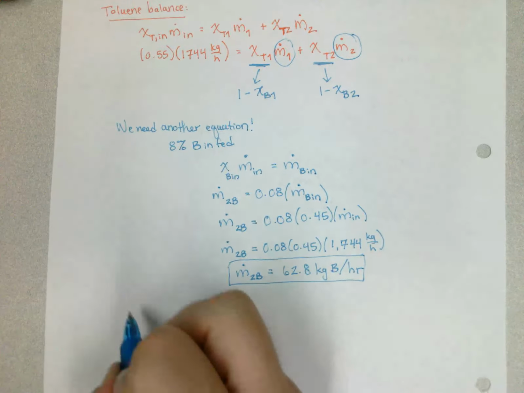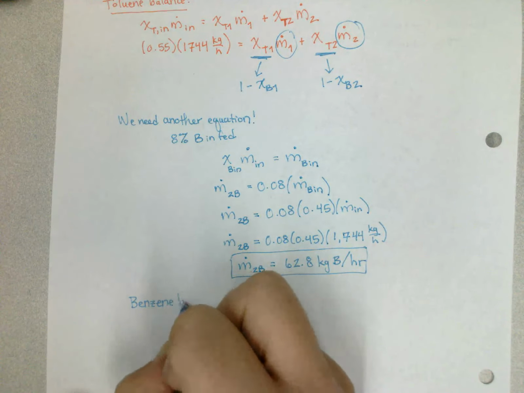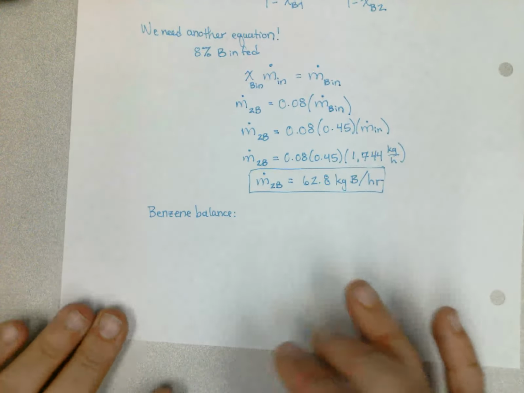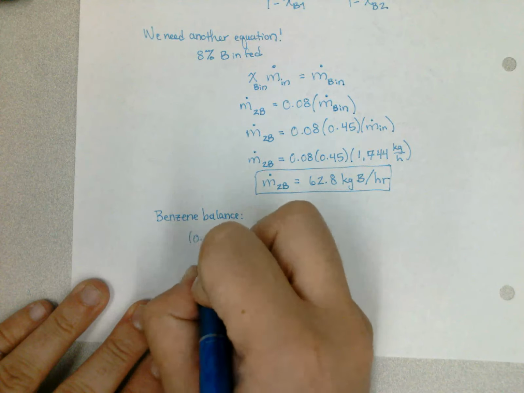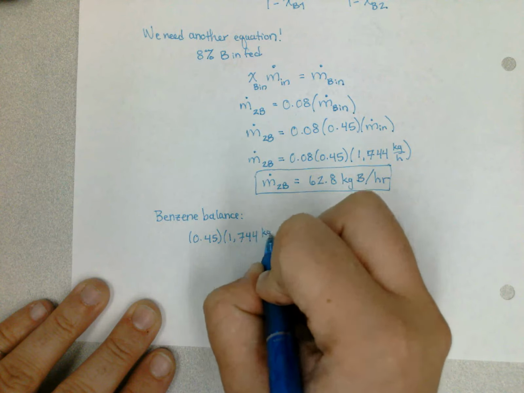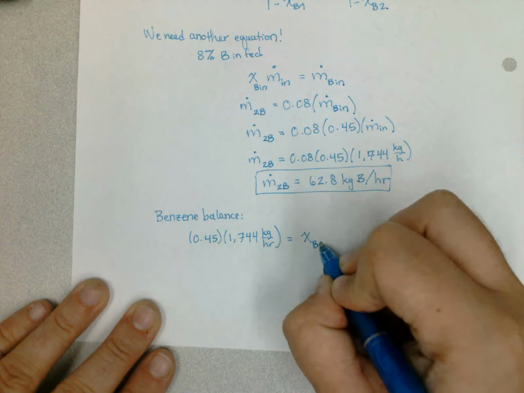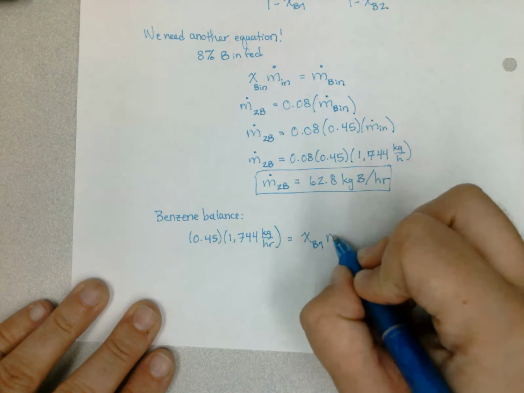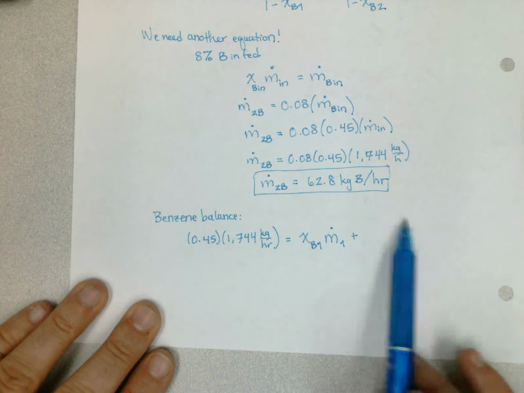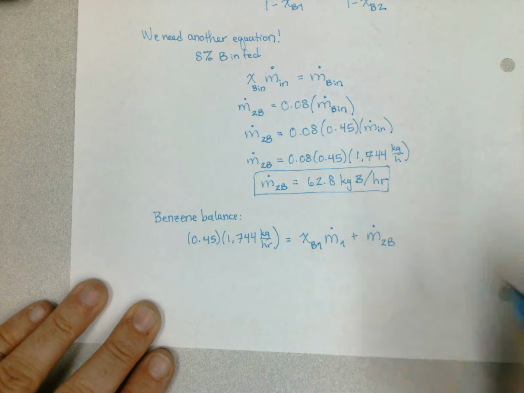So let's rewrite this down here. Let's go back to our benzene balance, and I'll move this up in just a second. Let's bring down everything that we know. So we know that 0.45 times 1,744 kilograms per hour is equal to XB1. We don't know anything about that stream and its composition, but we now know that this whole term over here is that M2B.